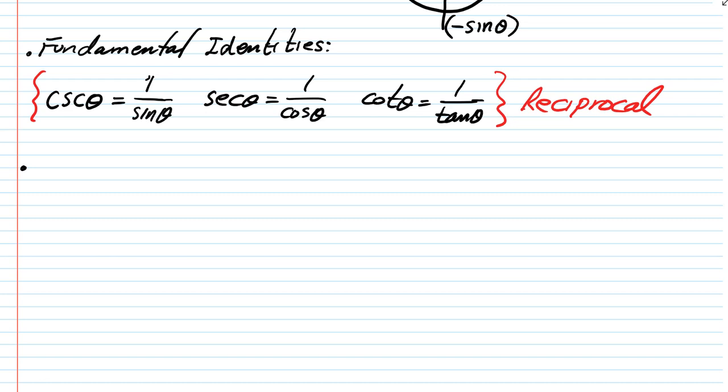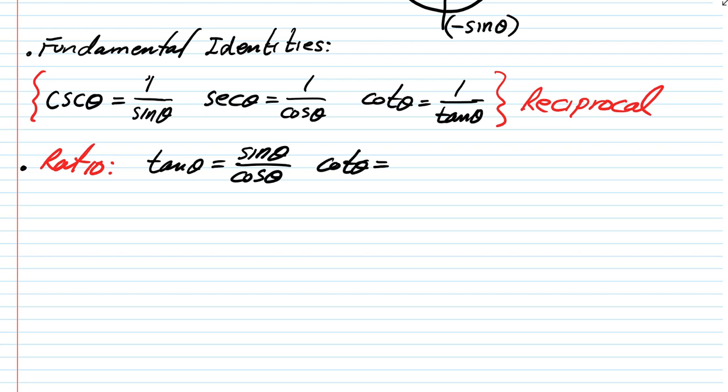Next, we go on and talk about ratio identities. Ratio identities are just that: you form a ratio. So tangent theta is the ratio, meaning the quotient, of sine over cosine theta. Cotangent theta as a ratio identity is the ratio of cosine to sine theta. All right.